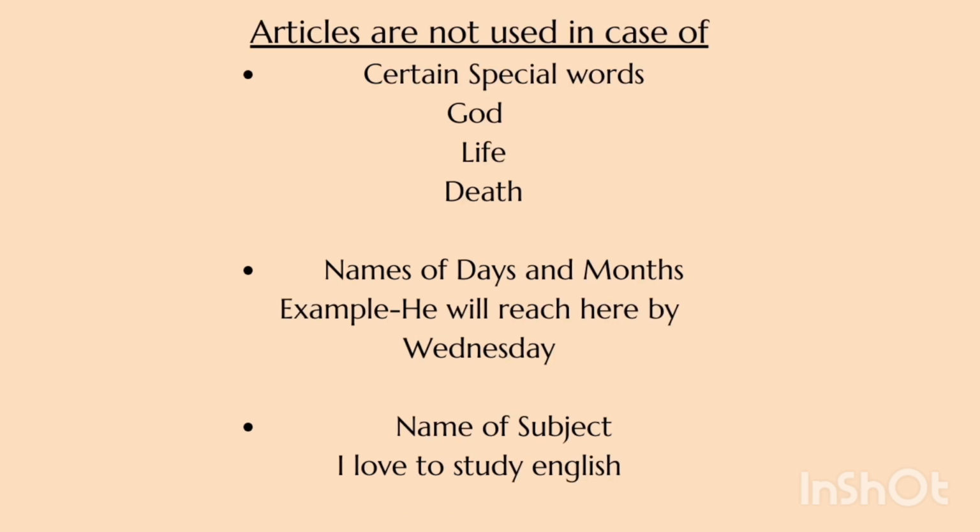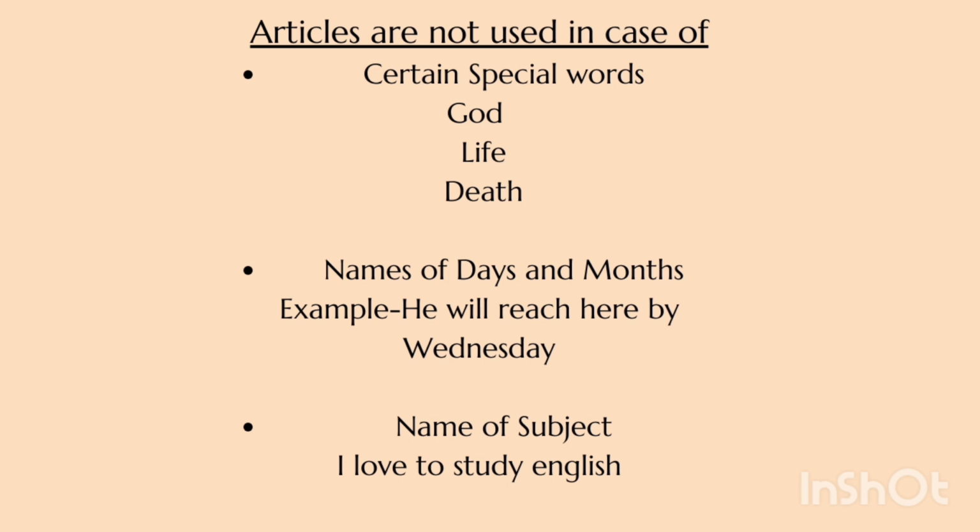So far we have learned where we can use the articles a, an and the. Now there are some other areas where we don't use articles. Articles are not used in the case of certain special words like God. We never say the God, the life, the date.